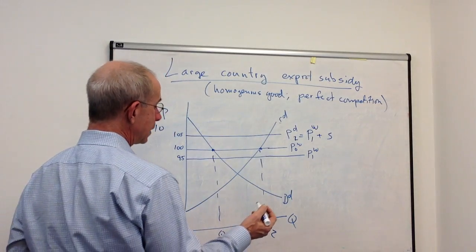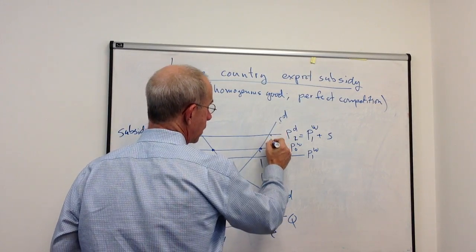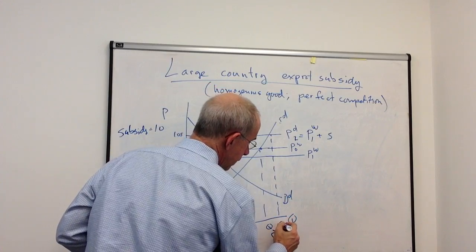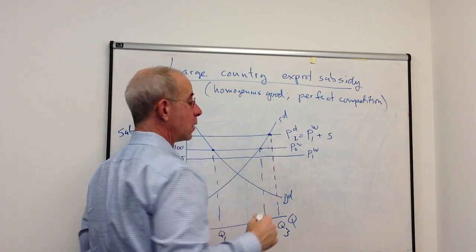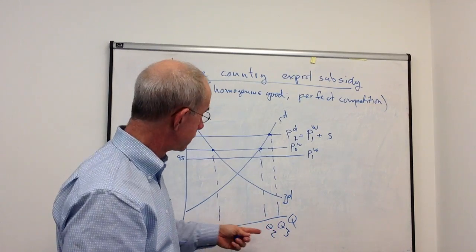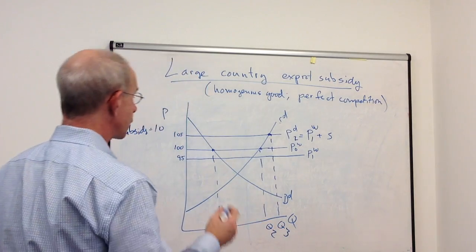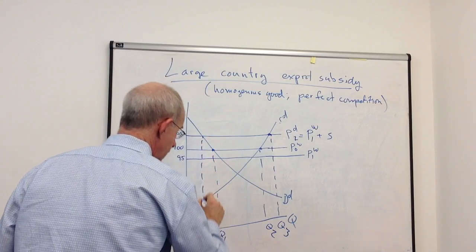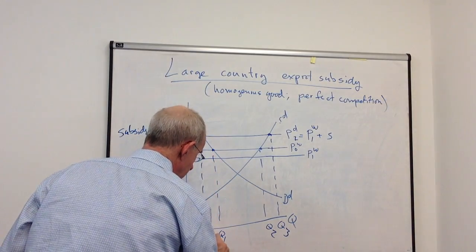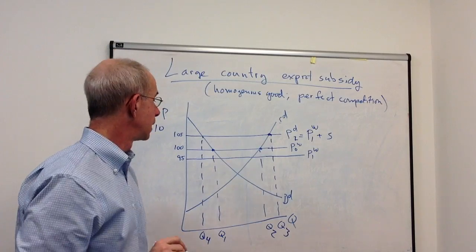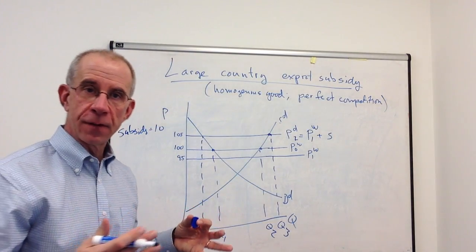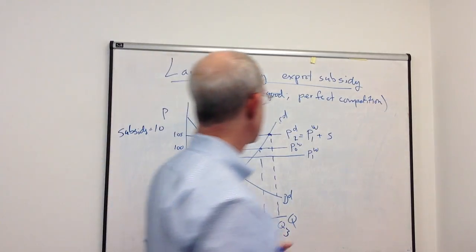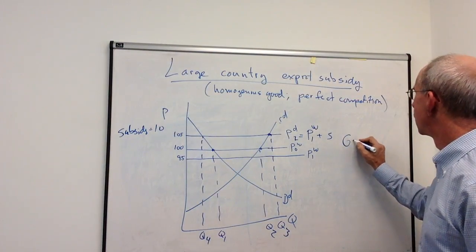After you have the subsidy and the world price change, the quantity produced goes up to Q3. The quantity demanded is Q4.